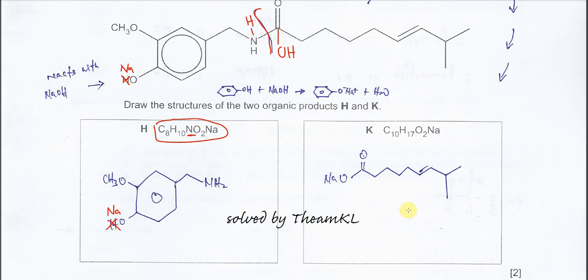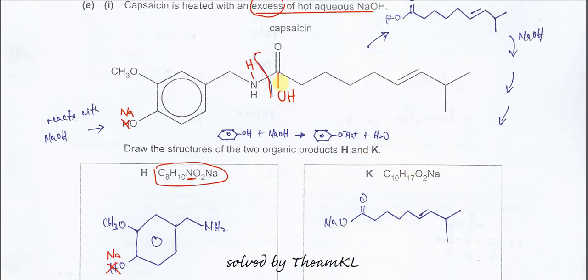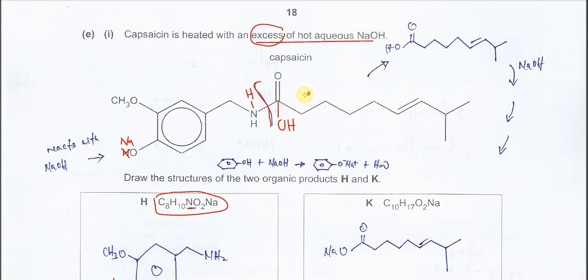Okay, so for this K, we need to look at this part. After hydrolysis, this one will form COOH, as I told you, and these C=C double bonds will not react. After hydrolysis, it will form this, and because this is a carboxylic acid, the sodium hydroxide will react with it to form the carboxylate.